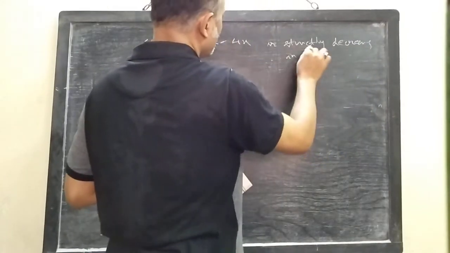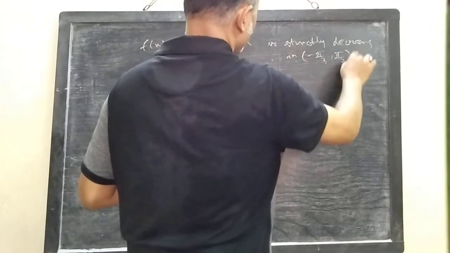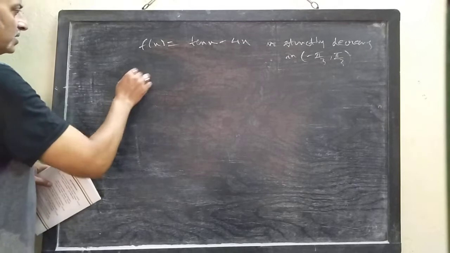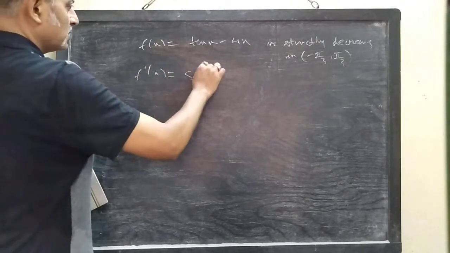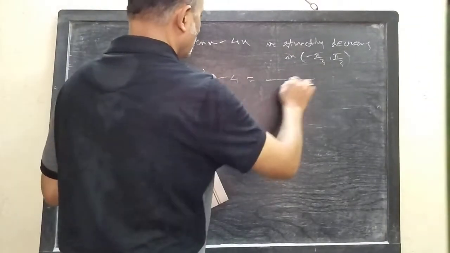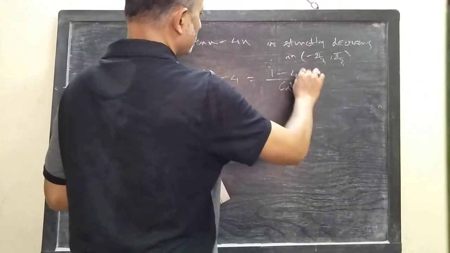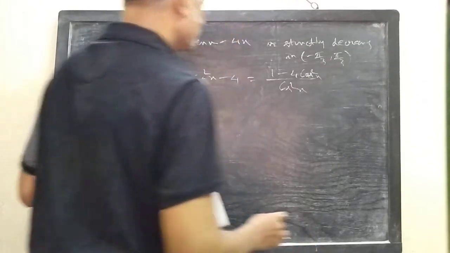Strictly decreasing in the open interval minus pi by 3 to pi by 3. Find f dash x. This is 4 minus... 1 minus 4 cos square x over cos square x, taking LCM.